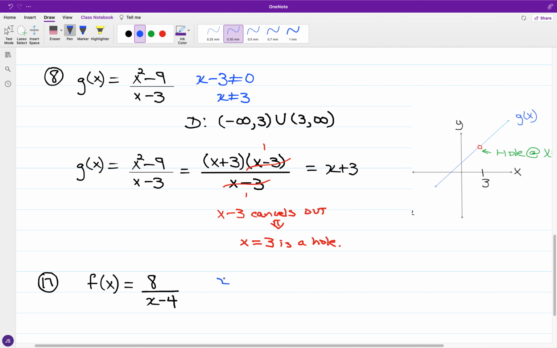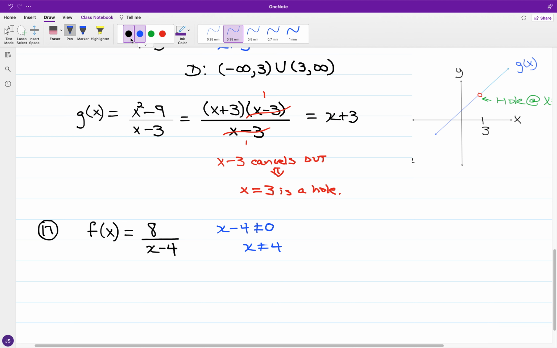And just for the restriction on the function, x minus 4 cannot be 0, so x cannot be equal to 4. And for the domain, we have those values of x less than 4, along with those values of x which will be greater than 4.